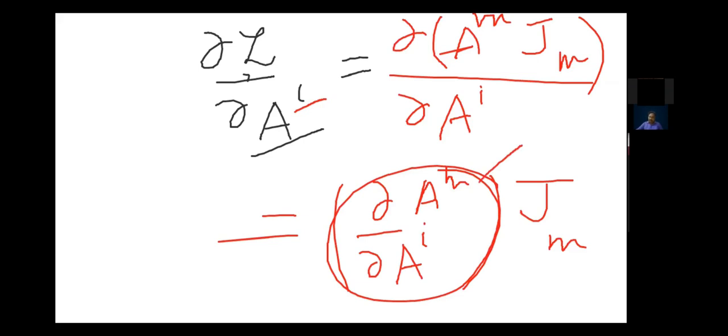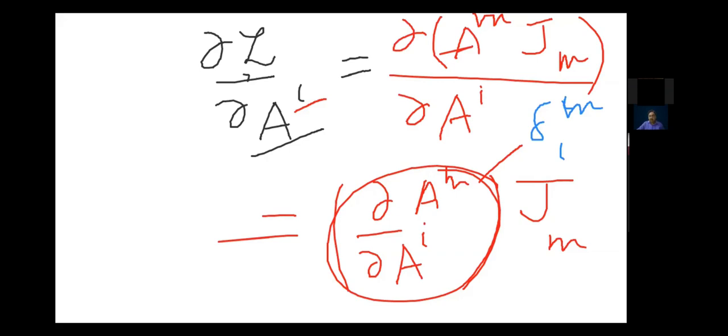So when m is equal to i, you will have it 1. If m is not equal to i, you will have it 0.